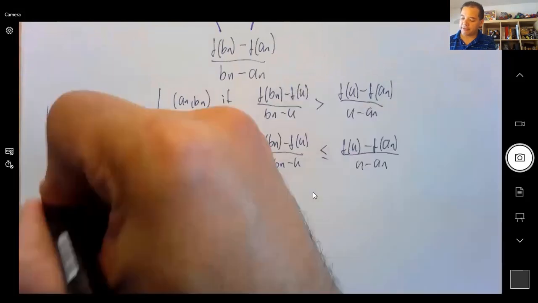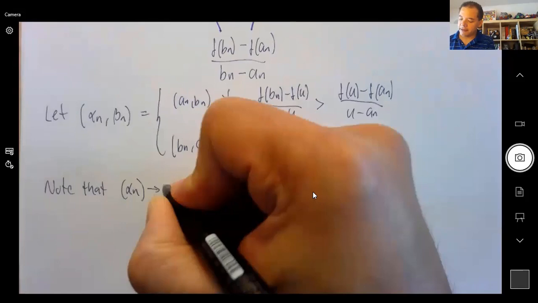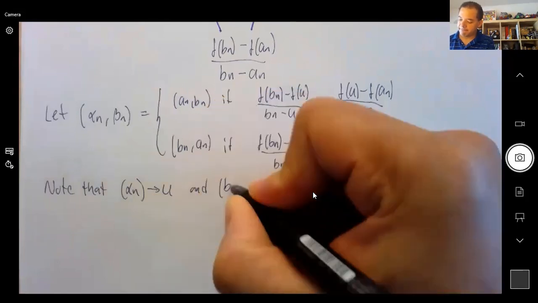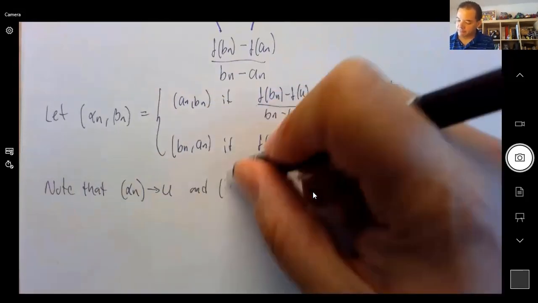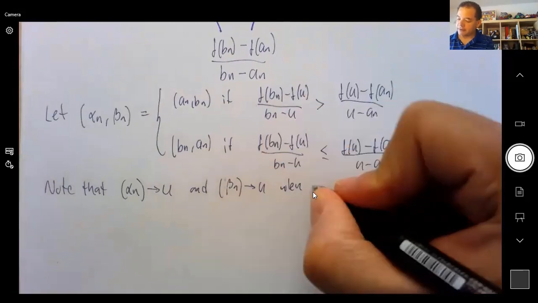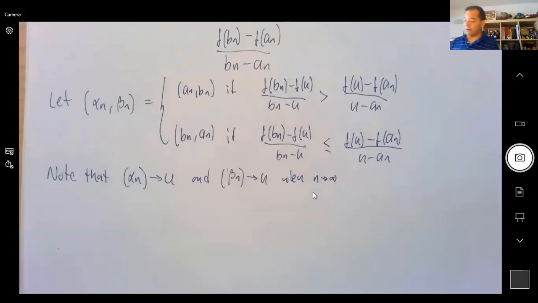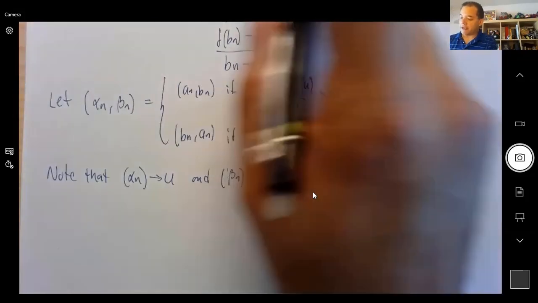Note that alpha n approaches u and beta n approaches u when n goes to infinity. So the sequences are still going to u. But now I always have the inequality that I want.